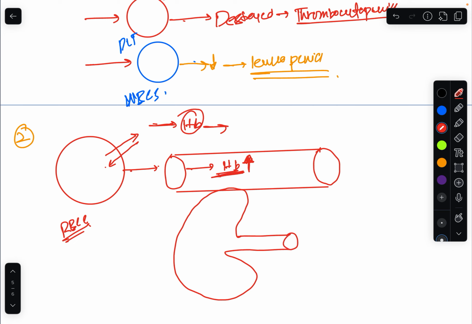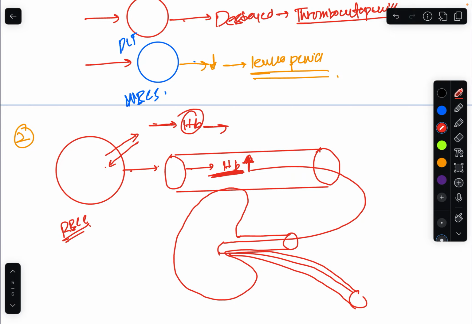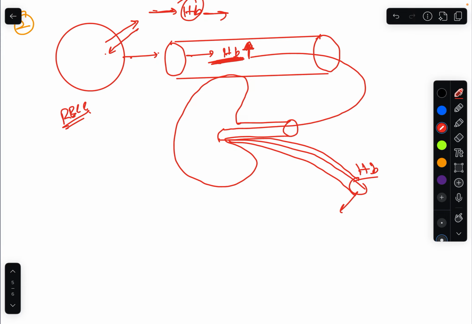So increased hemoglobin in the blood is known as hemoglobinemia, and this increased hemoglobin will come into the kidney and be filtered in the urine. So this is known as hemoglobinuria.